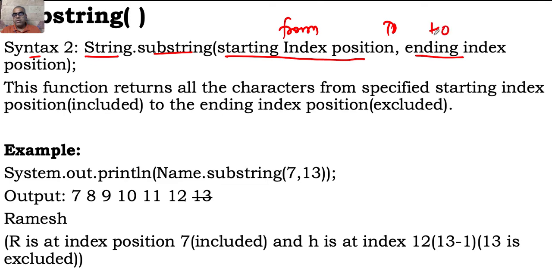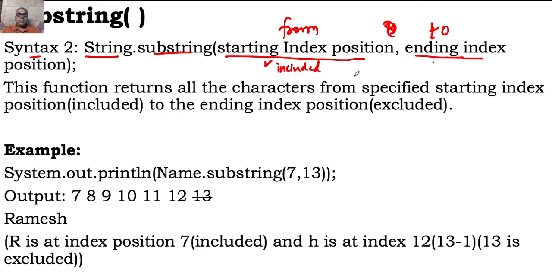I should have written 2 over here, not over here. From this to this. However, you need to be very careful. This is going to be included, whereas this is not going to be included. This is going to be excluded. It means the previous character is taken.